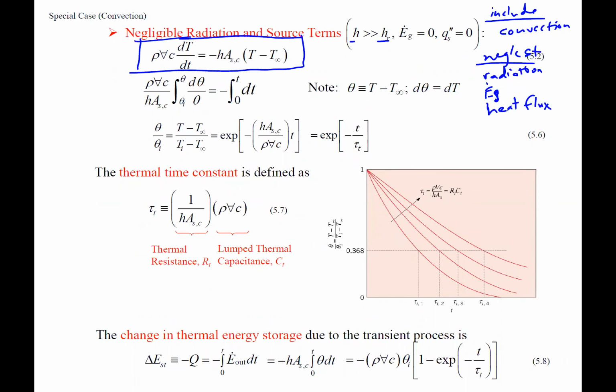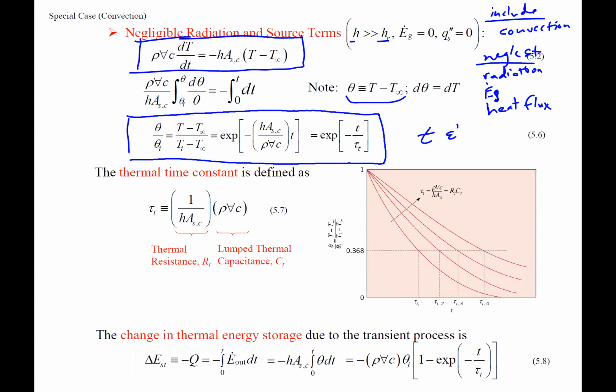And then moving dt around with our substitution, that means we can now integrate it, so we get our equation you see here, and that relates time and temperature.